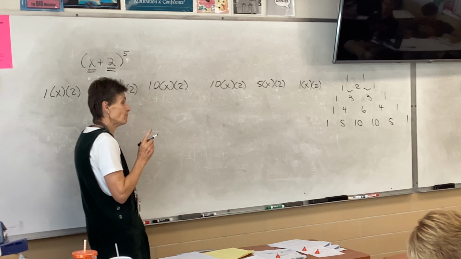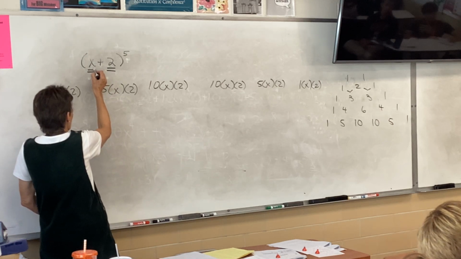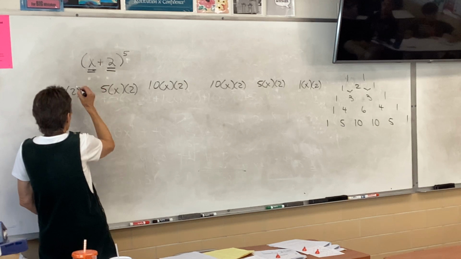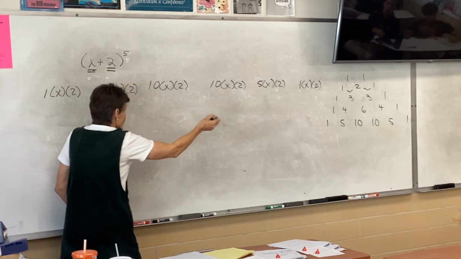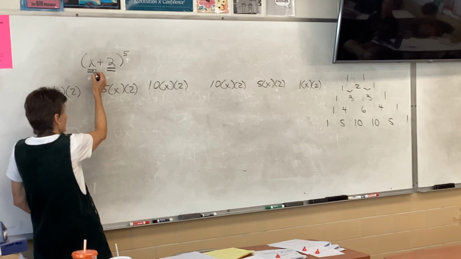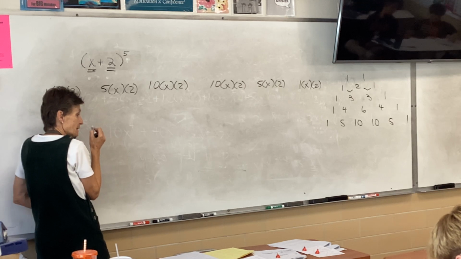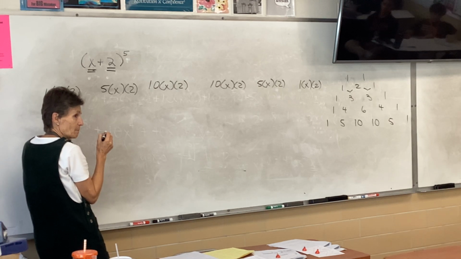Now, if you remember from yesterday, as I went down the line, from term to term, what happened to the exponents on x? Do you remember? Look back at your notes. I told you not to write it down, maybe you did.